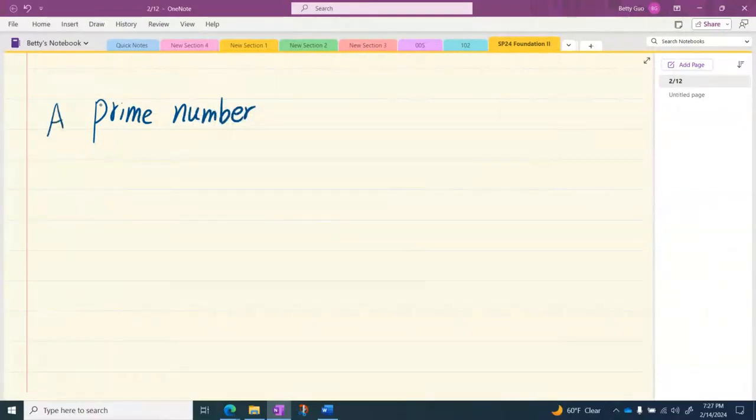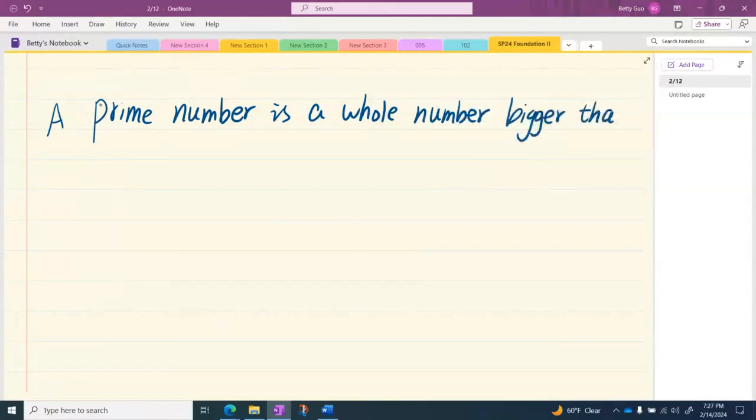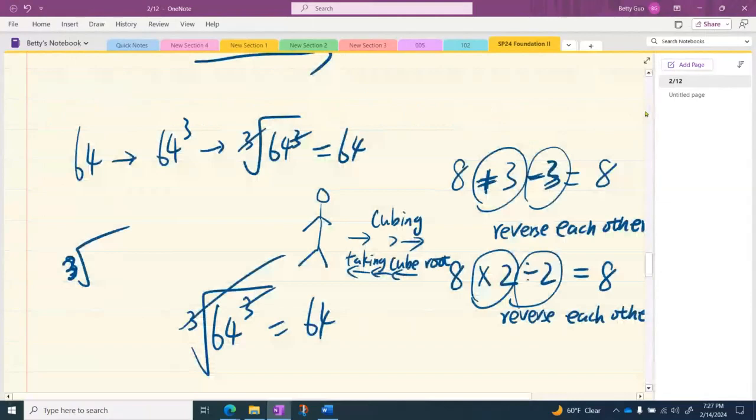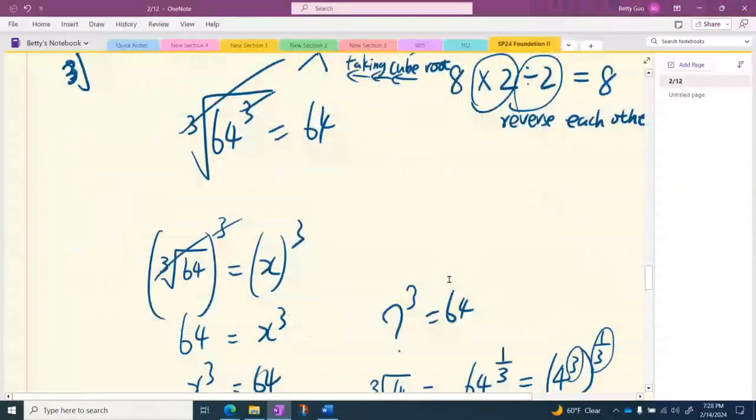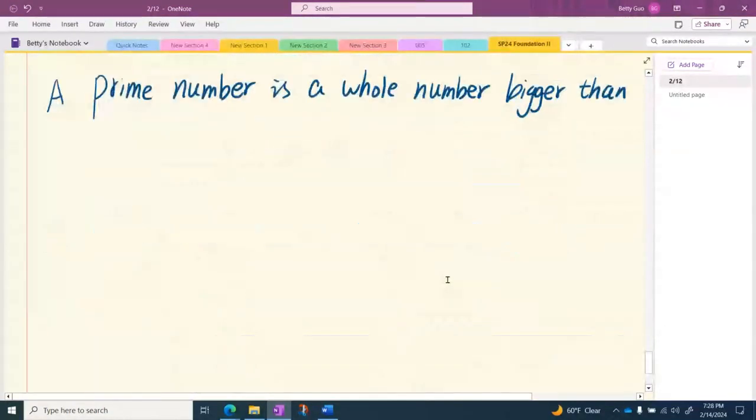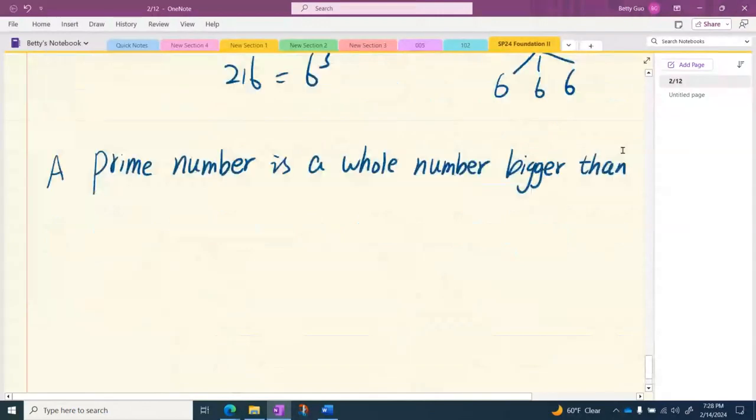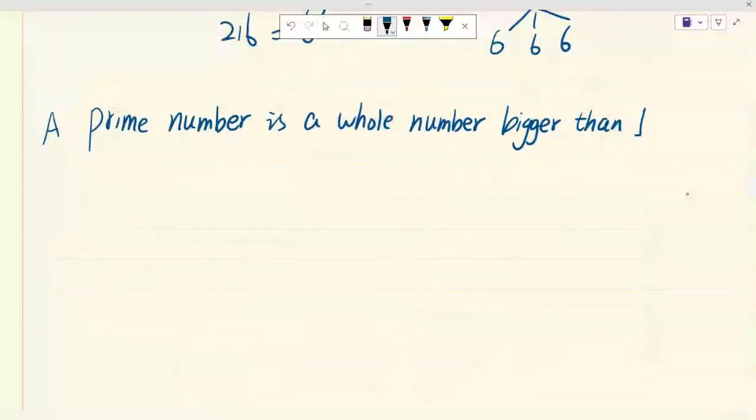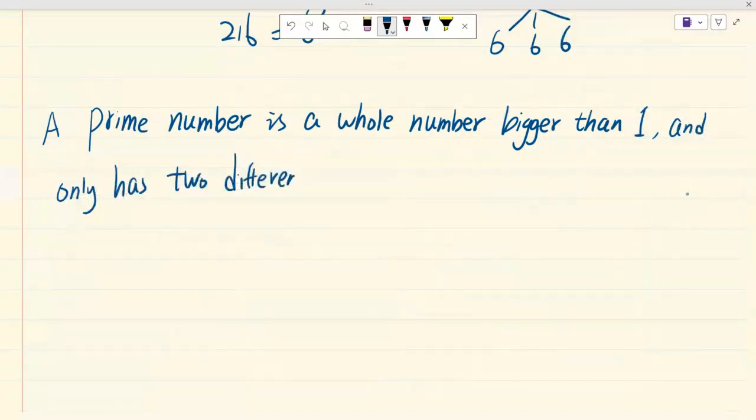A prime number is a whole number bigger than 1 and only has 2 different factors.